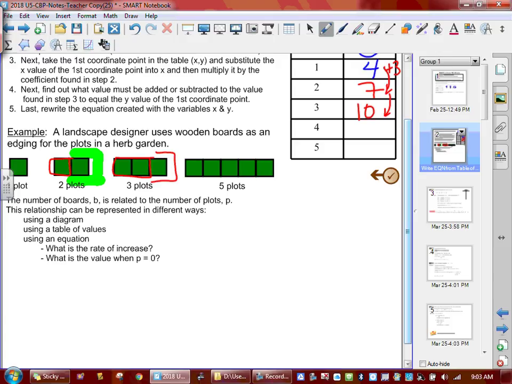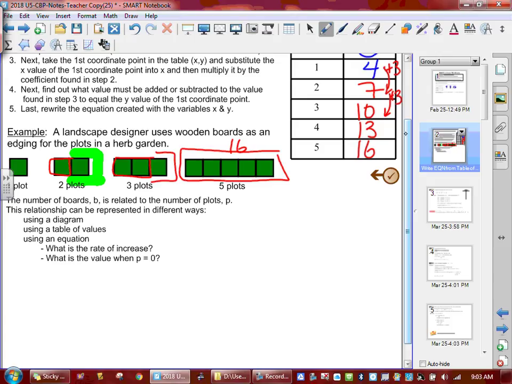How did I get from 7 to 10? Added 3. Well, what do you think I have to do next time? Add 3. So what's 10 plus 3? 13. And what's 13 plus 3 more? 16. Good. So these ones with 5 plots, we should have 16 boards here if we were actually counting the number of sticks and boards.